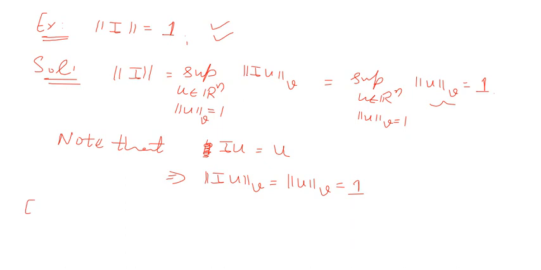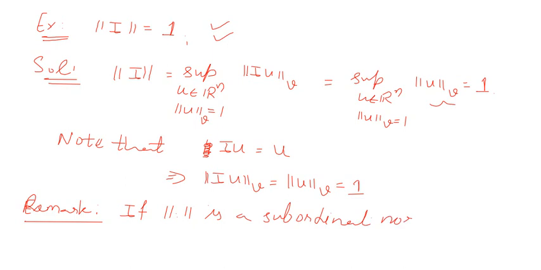Remark: if this function is a subordinate norm on the matrix space, then the norm of the identity matrix is 1.